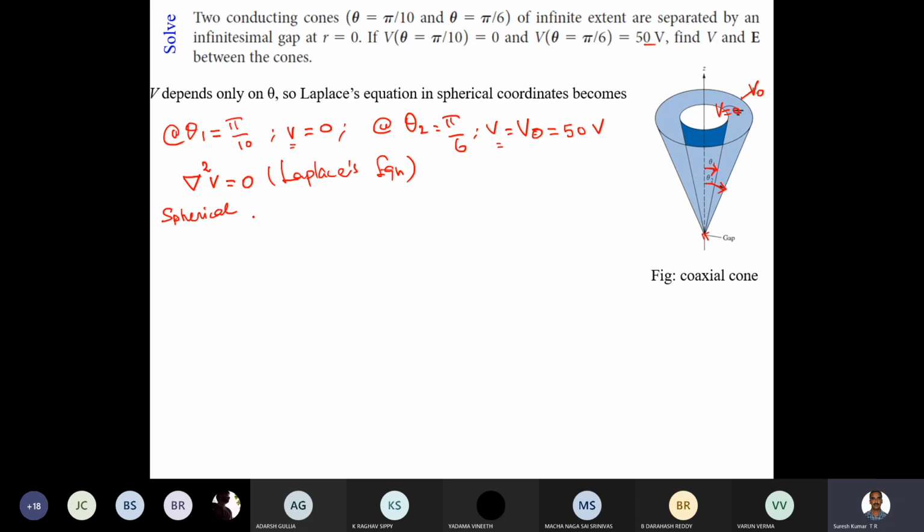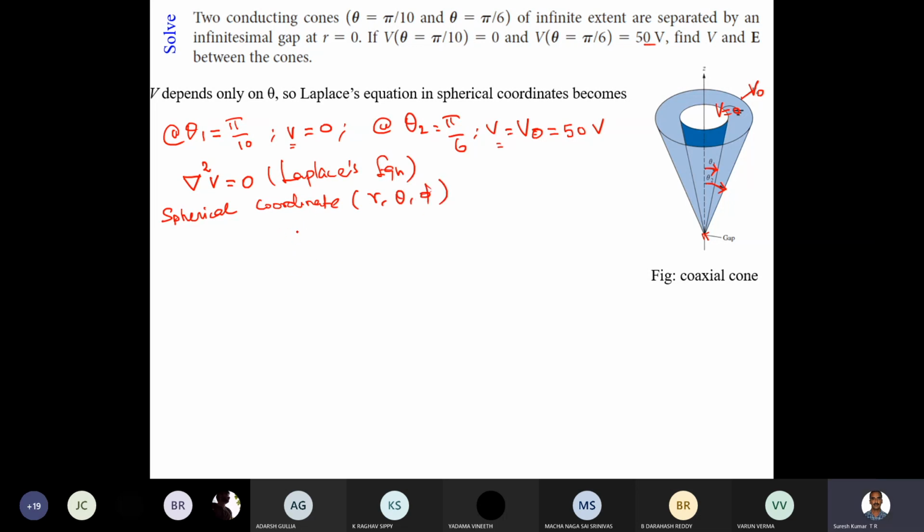In the spherical coordinate system you have three surfaces: a sphere with radius r, theta, which is the cone angle, and phi, the azimuthal angle.